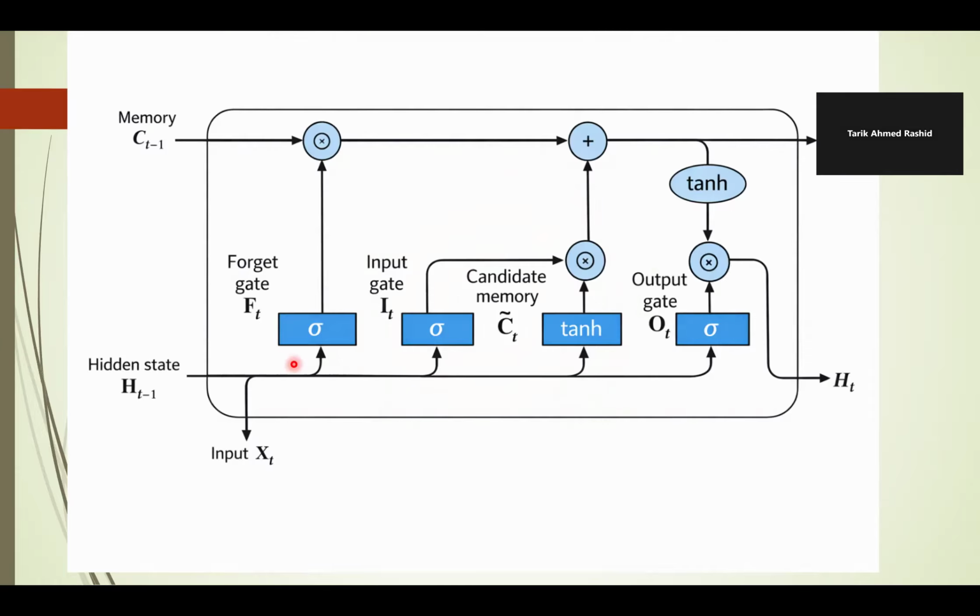Now, we do the forget gate here. So this H at T minus 1, 00 with XT 100, they get concatenated and will be multiplied by the weight matrix and then subject to sigmoid, and we get the output of the forget gate.